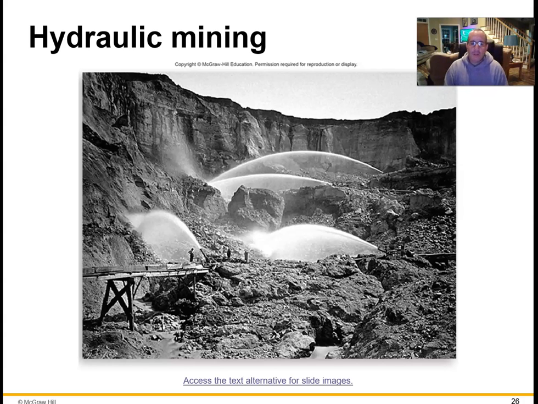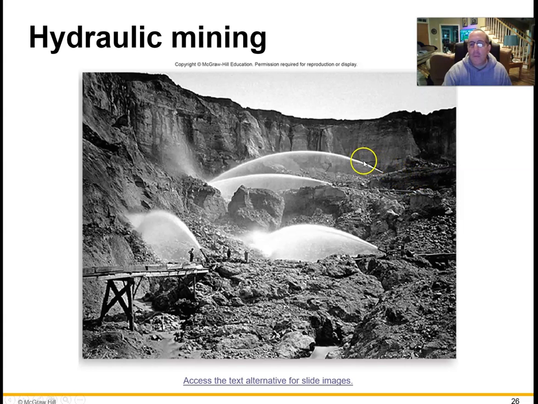Hydraulic mining, I hope there's none of this going on in the world today. I'm sure in some developing countries they're probably doing this. It was so bad for the environment, they even outlawed this back in the 1880s in California. This got popular with the gold rush back in the mid 1800s out west, primarily in California. As you can see, they would dig a big hole where they thought there was gold.